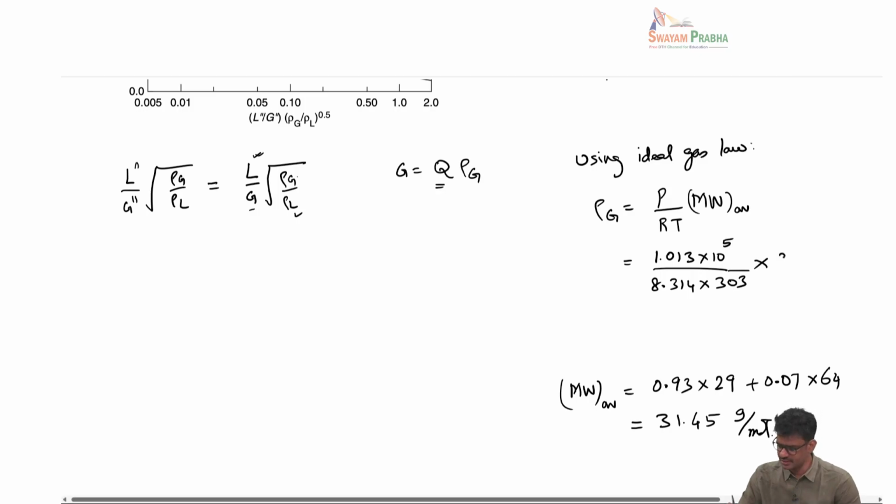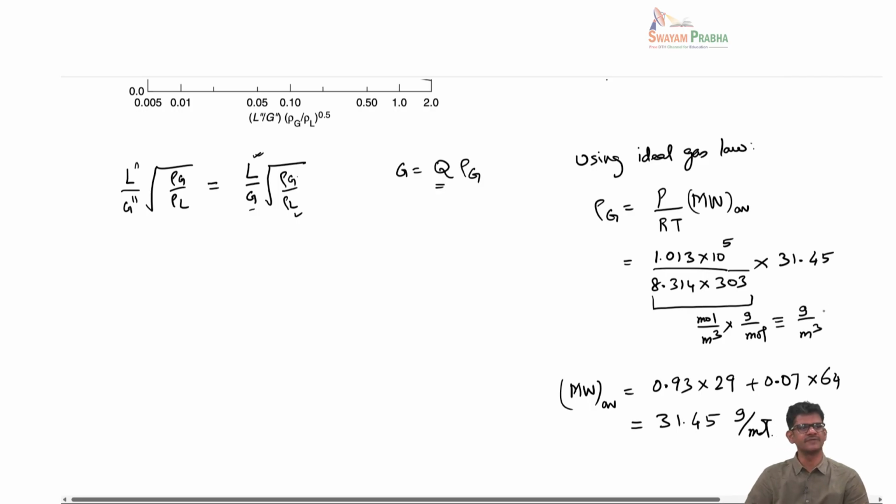I'm going to substitute that here. The units of P by RT would be moles per meter cube, and we are multiplying by molecular weight, which is gram per mole, so the net unit will be grams per meter cube. If you want kilogram per meter cube, I have to add 10 power minus 3 here.